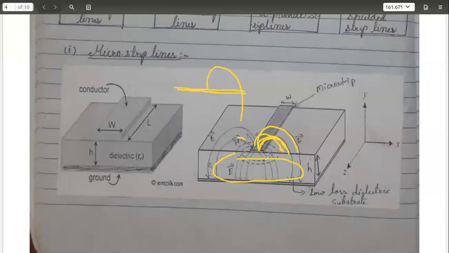Why it is important is, I'm telling you that these strip lines, microstrip lines, support the wave propagation and both electric and magnetic fields, because of which the mode of propagation should actually be TEM.